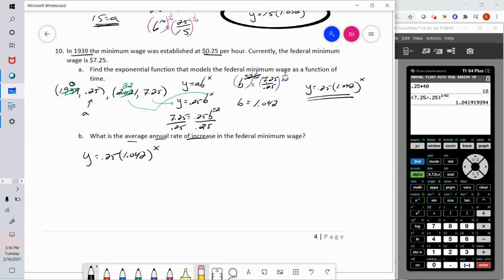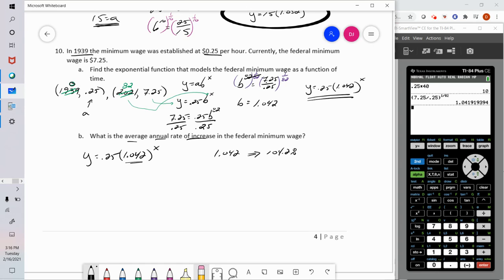Assuming the minimum wage has been increasing by the same amount, we're going to look at this 1.042. That 1.042 is our multiplier. We can think of that as 104.2% of, not more, but of.